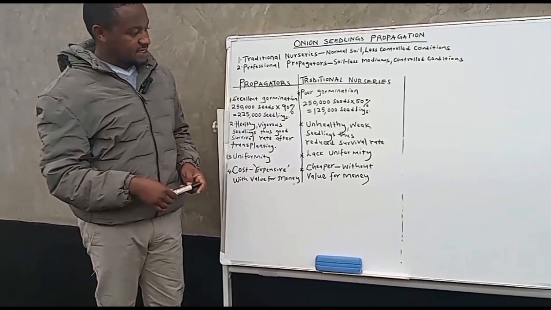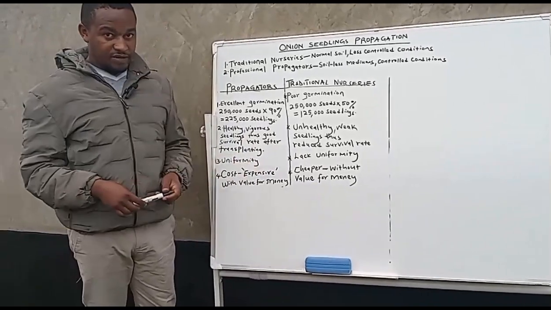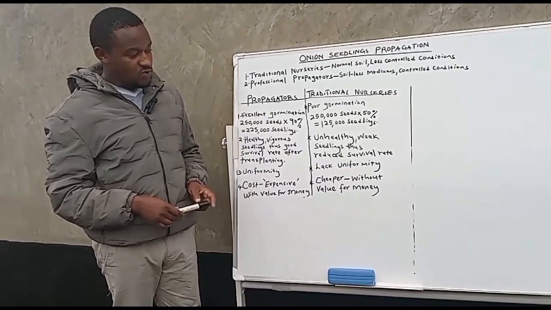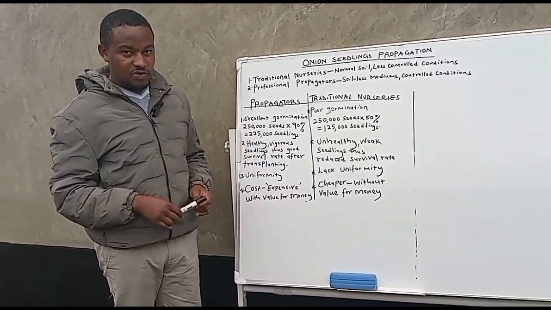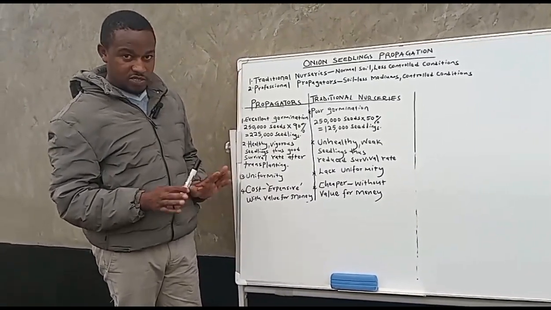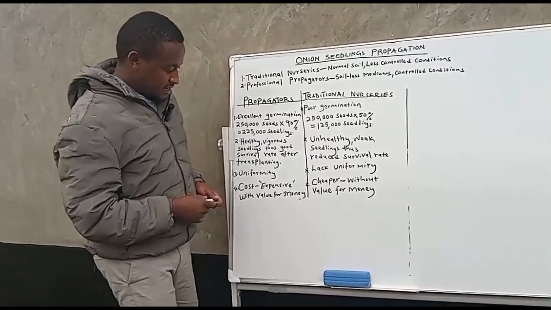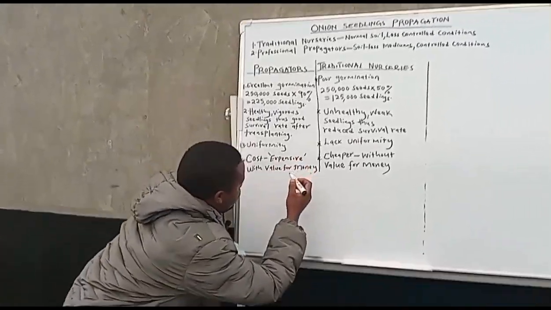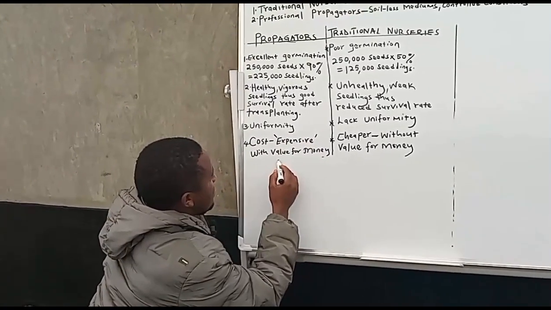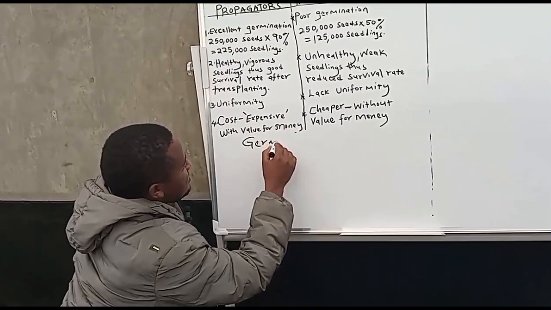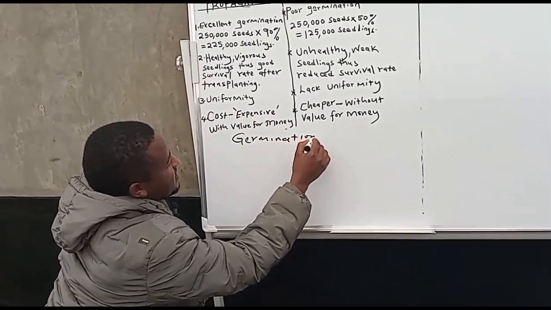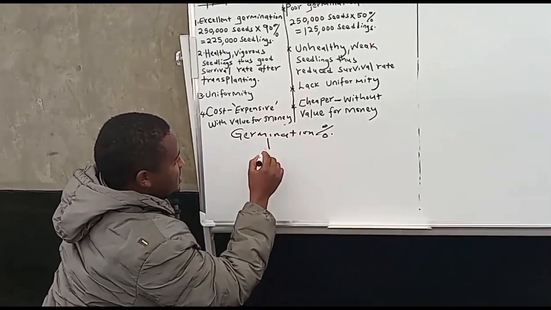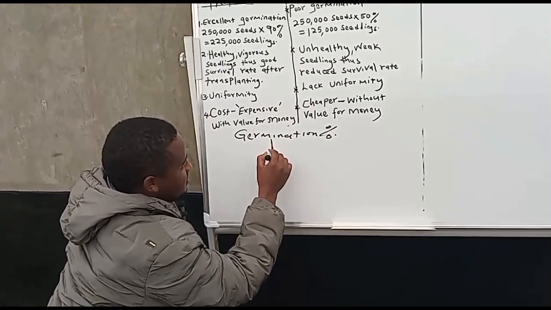The traditional nursery way will look cheaper and affordable, but basically what is happening is you are losing money, and you are losing your seeds. Just to explain, we talked about the germination percentage using the traditional nursery establishment.